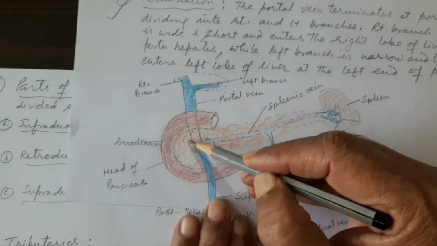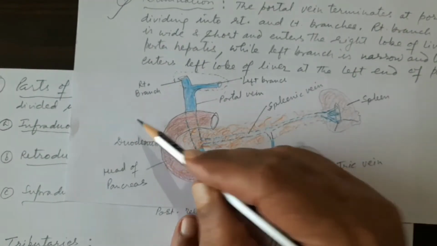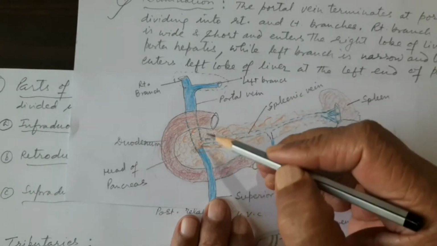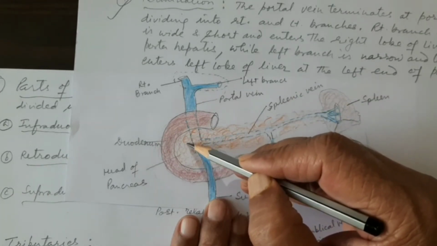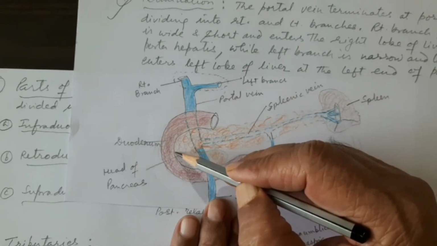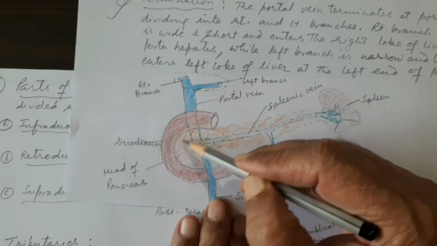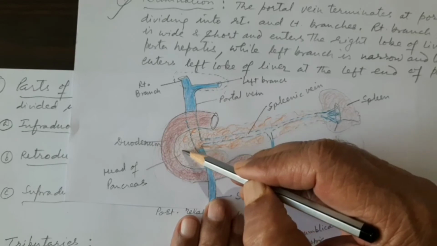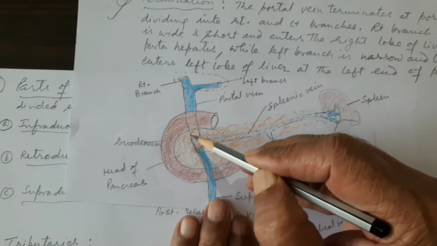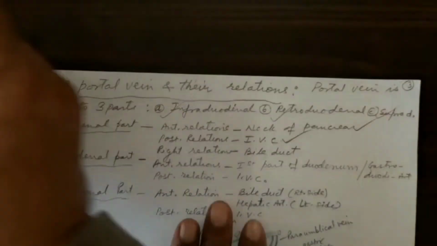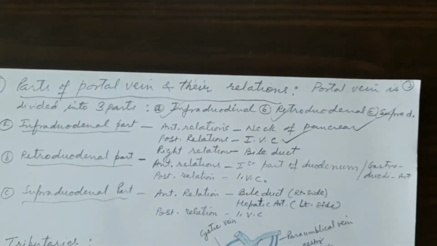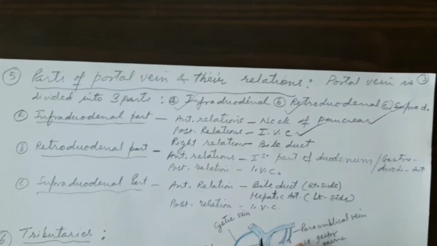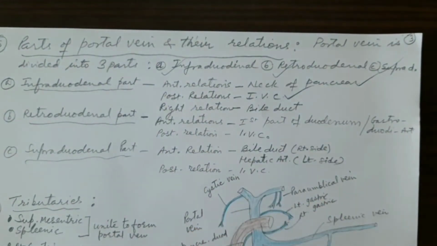So the bile duct will lie to its right side. This is the right side, this is the left side. So the bile duct will lie here, and then it will go to the middle of the second part of the duodenum here. So for some distance, it lies to the right side of the infraduodenal part.